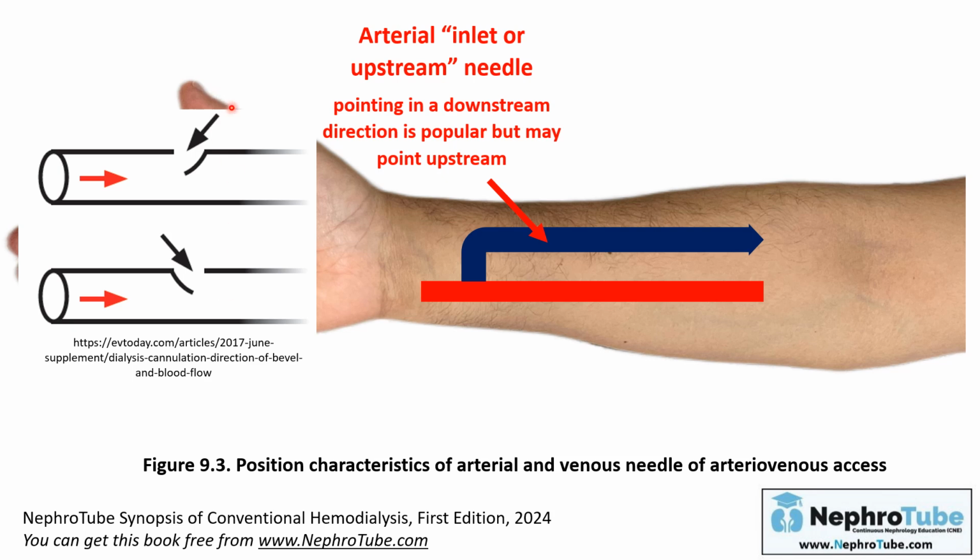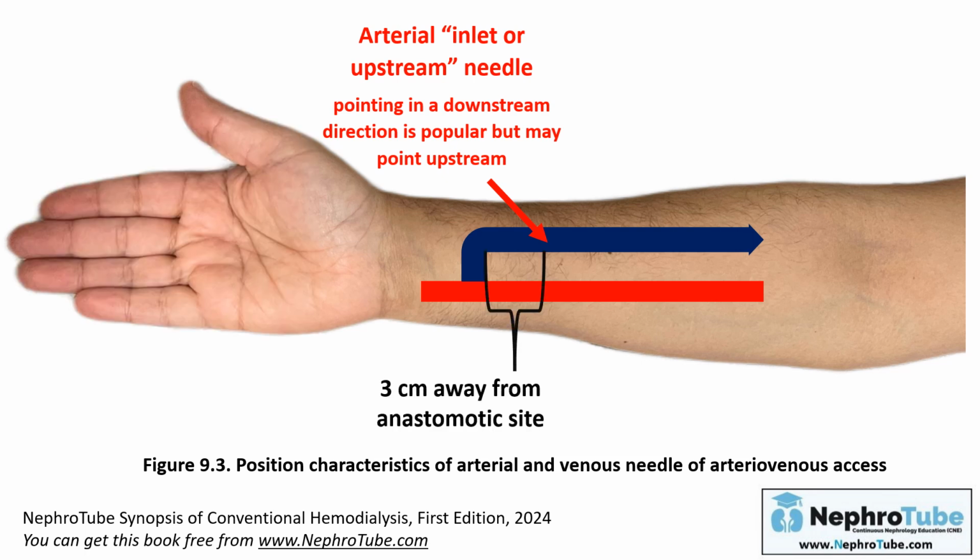But if you cannulate the needle in the upstream direction, the flap will be in the direction of blood flow, which will make it open for a longer time. So this helps in more hemostasis than this.